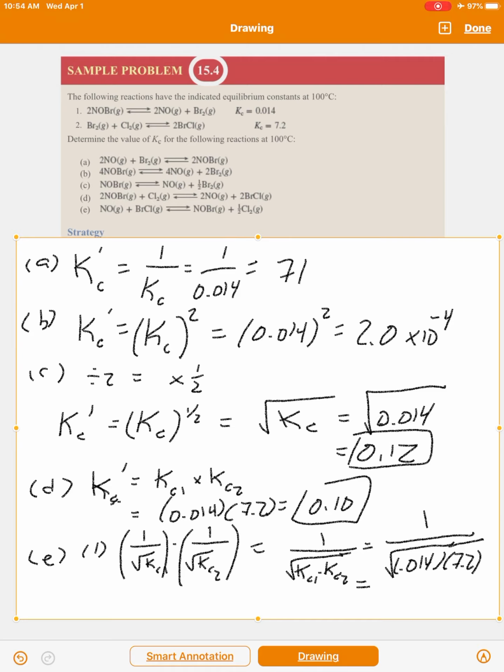We're going to take the square root of that and then the reciprocal. So 1 divided by the square root of 0.1008. And that looks like it's about 3.1. All right, there you go. All of them put together there.